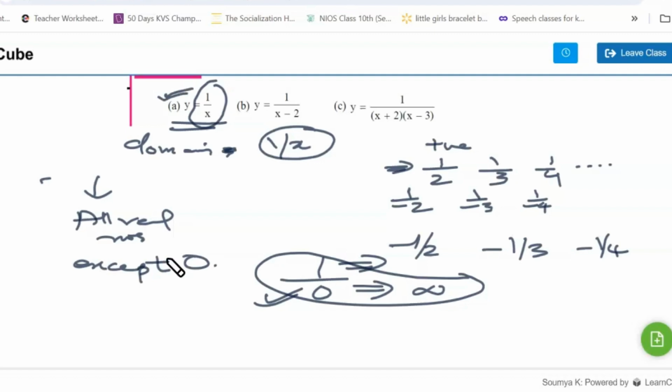So that case can be excluded. So easily you can write it as real number minus the set of 0. This is how you get the domain of this particular question. So hope you understood this one. Let's see the next question.